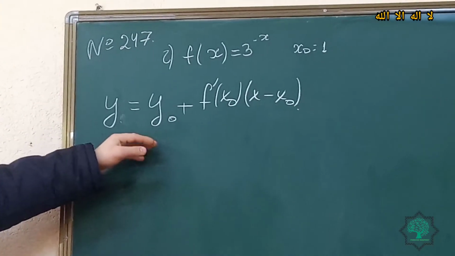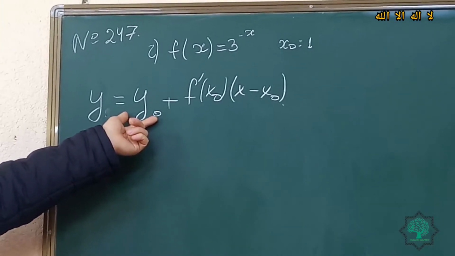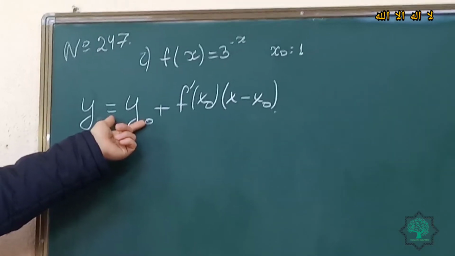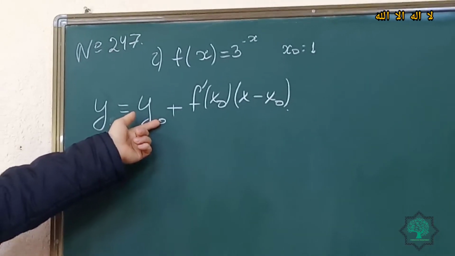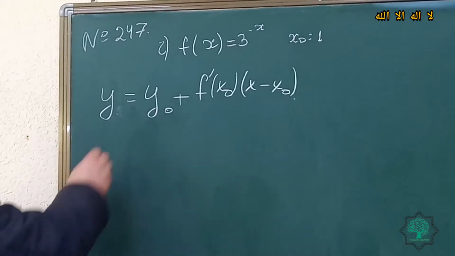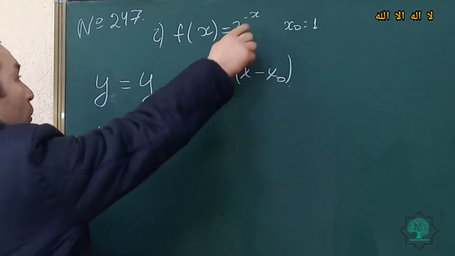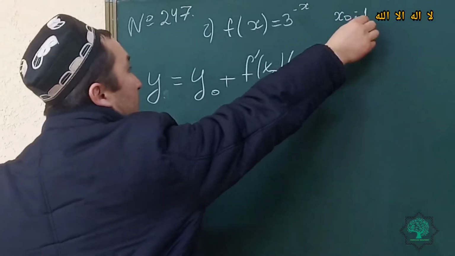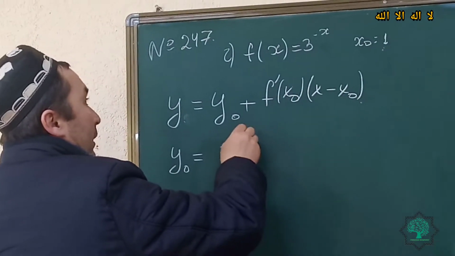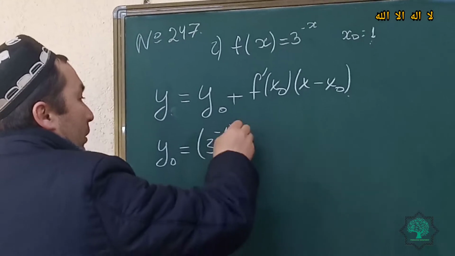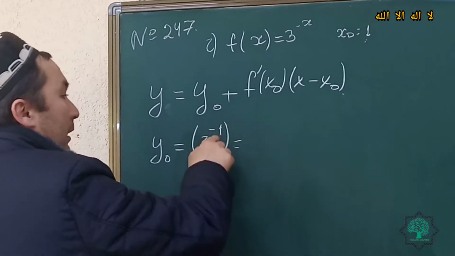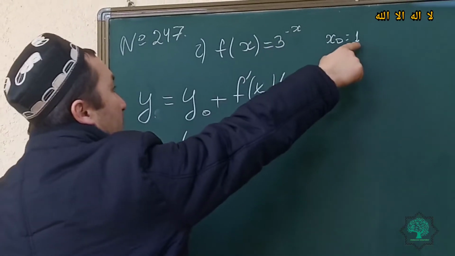So here we must find y prime at x0. In order to find y0, we should put instead of x what? 1. Instead of x, we must put 1.